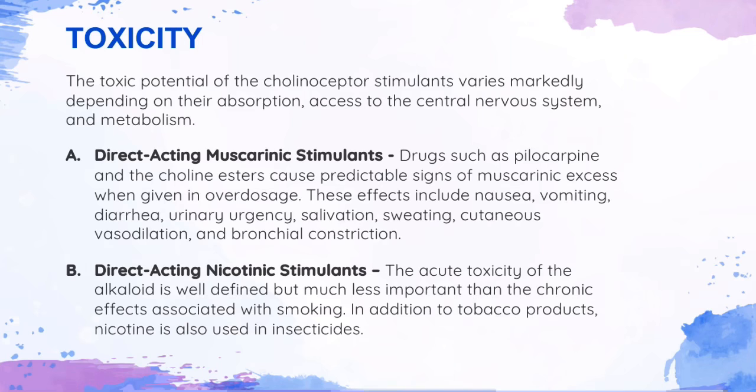These effects include nausea, vomiting, diarrhea, urinary urgency, salivation, sweating, cutaneous vasodilation, and bronchial constriction. In the direct-acting nicotinic stimulants, the acute toxicity of the alkaloid is well defined but much less important than the chronic effects associated with smoking. In addition to tobacco products, nicotine is also used in insecticides.